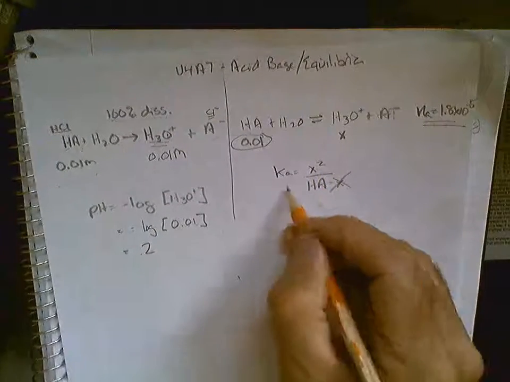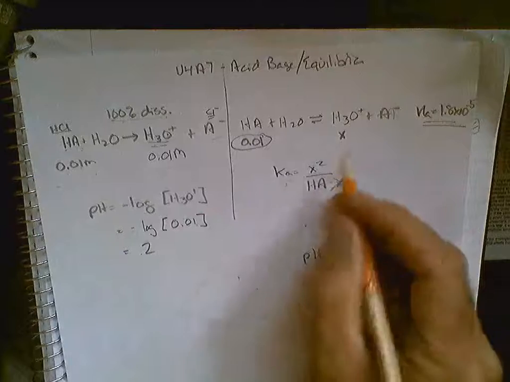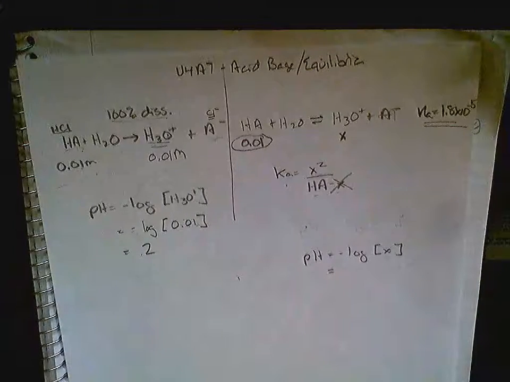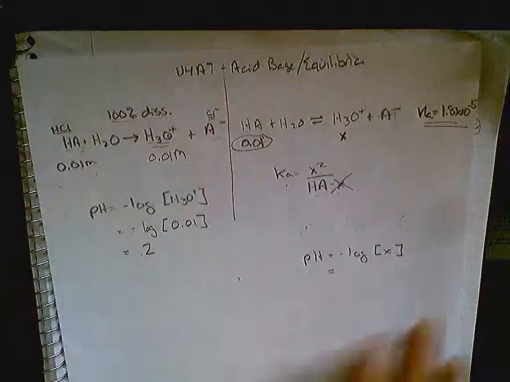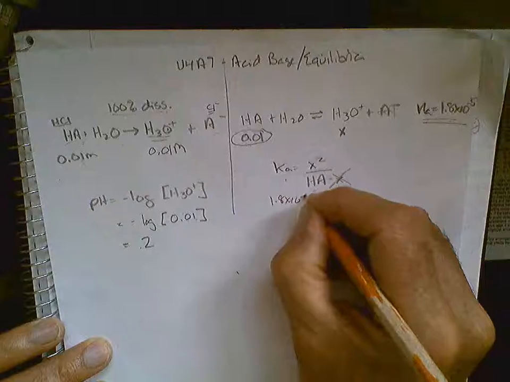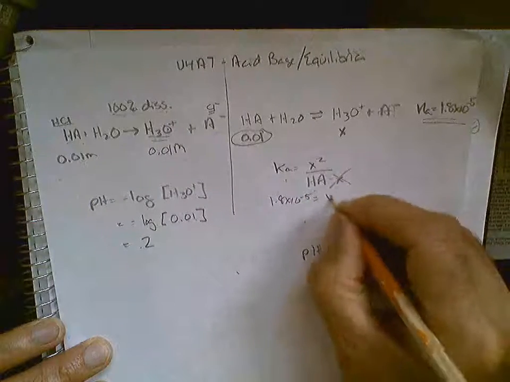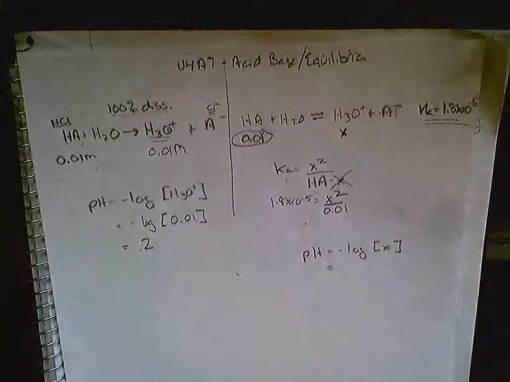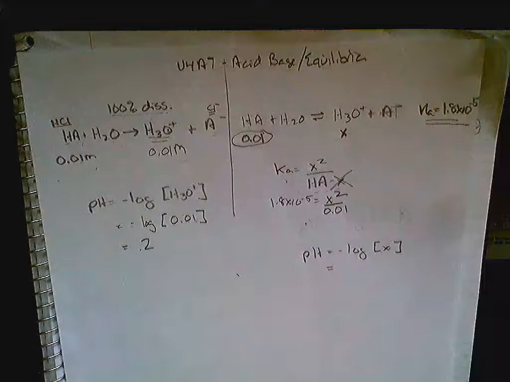Now, some of your questions tell you to solve for Ka. In that case, they have to give you X and they have to give you HA for you to be able to do that. So if we put 1.8 times 10 to the negative 5 equals X squared over 0.01. Let's try and do this calculation here.